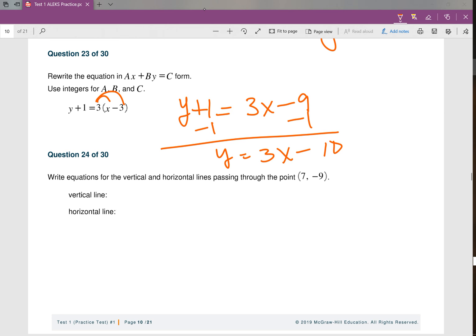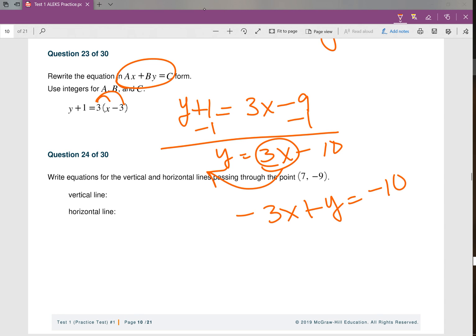Now they want this in this form, so I'm going to have to bring the 3x back over. That gives me negative 3x plus y is equal to negative 10. We don't care about the negative being here, but we do not like a negative to start. So I am going to multiply the whole equation by negative 1, which gives me 3x minus y is equal to 10.